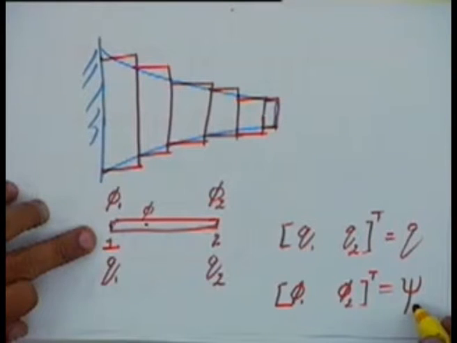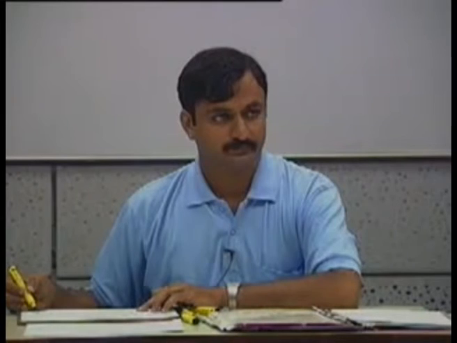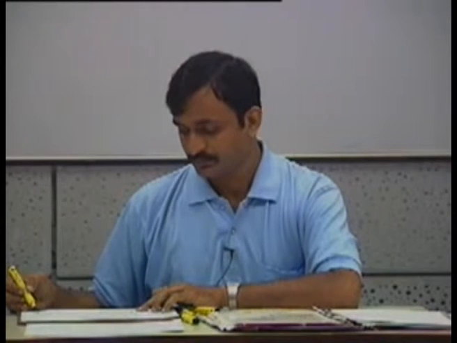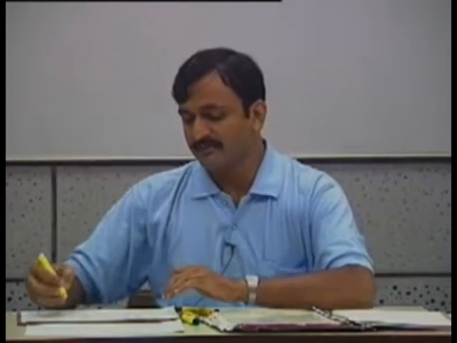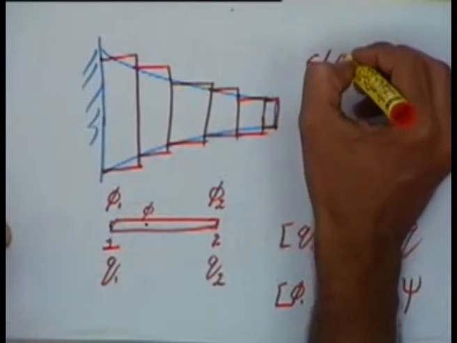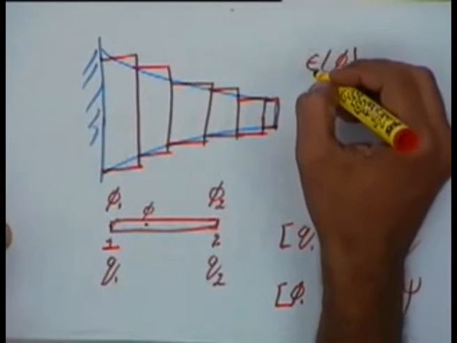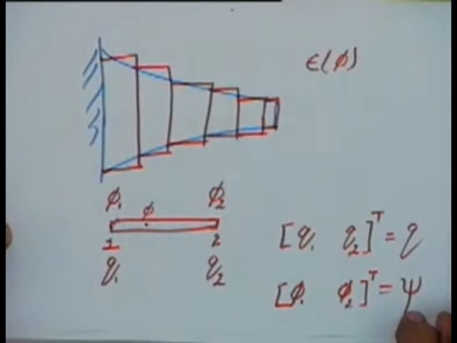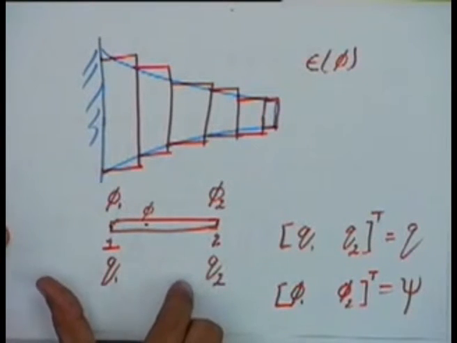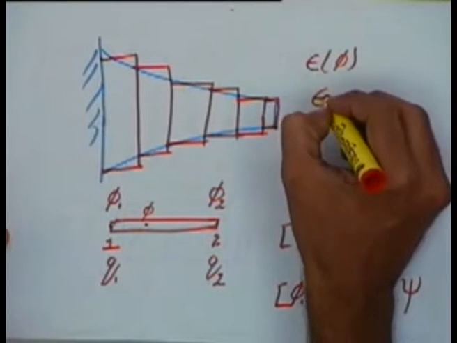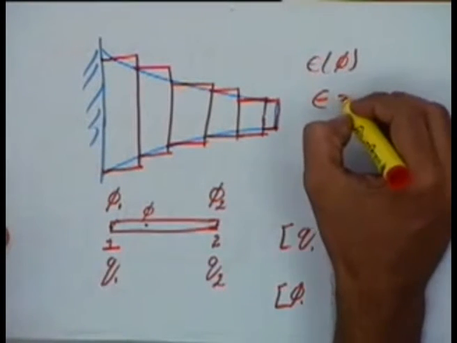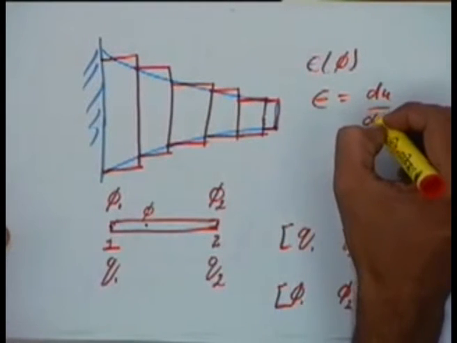But strains we have found out using psi. Using psi, I found out what I am calling epsilon of phi, the strains which will be caused only due to the virtual displacement. The actual strains because of the loading are epsilon, which is nothing but du by dx.